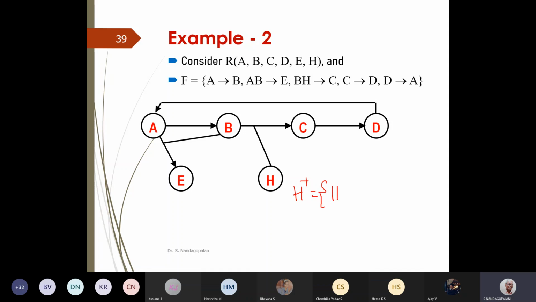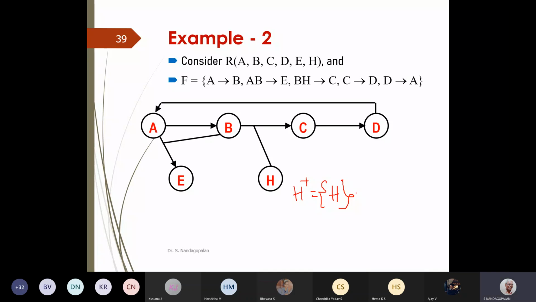So we'll start from H, and for each FD, see whether that left hand side attribute is a subset of this. A is not a subset, AB is not a subset, BH is not a subset, C is not a subset, D is not a subset. So the attribute closure of H, that is H plus, is H only.